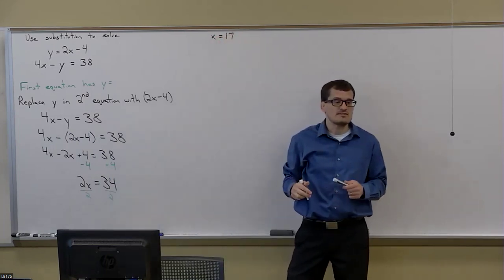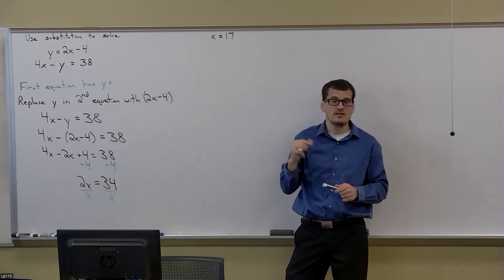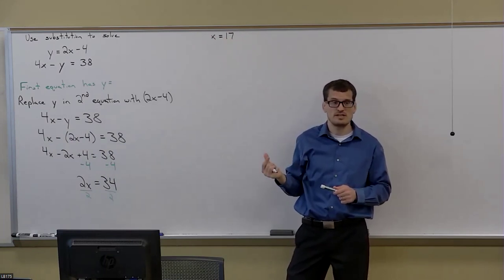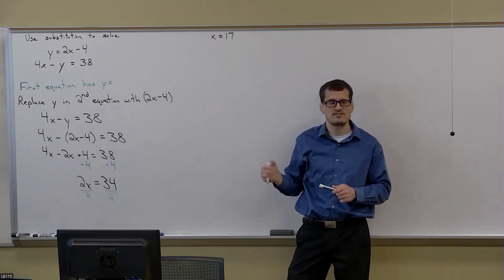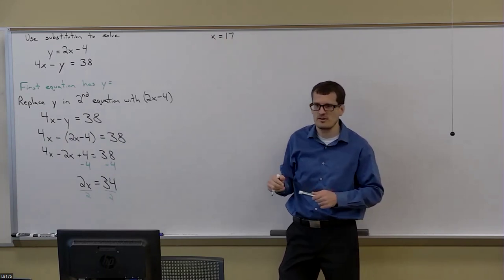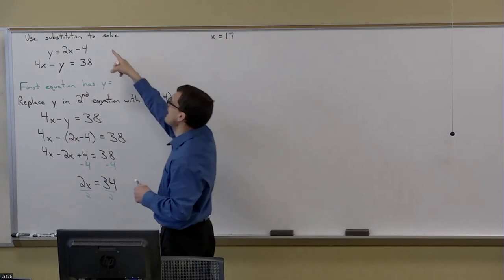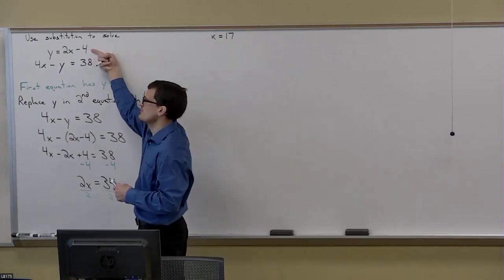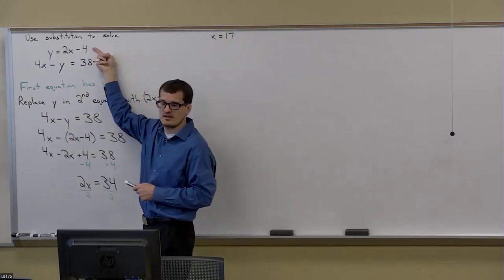Now that I have x equals 17, I do another substitution. I just substitute in that 17, or I plug in the 17 in for x. And I'll do that in my first equation because that one's already solved for y.